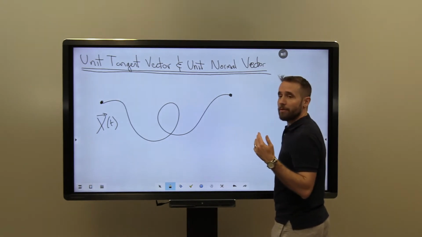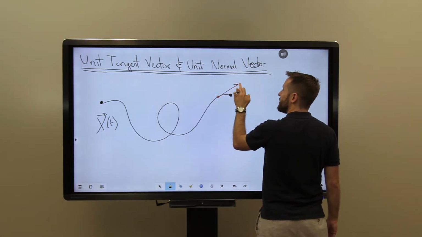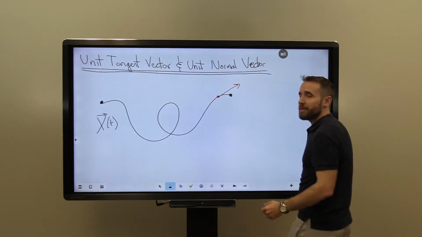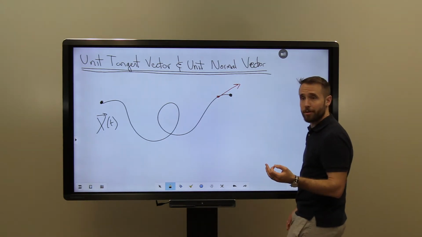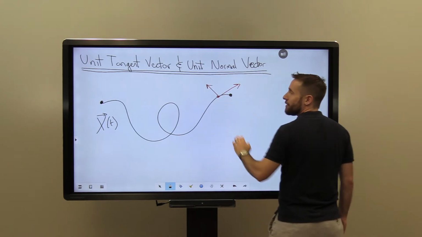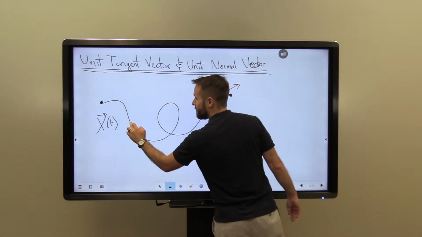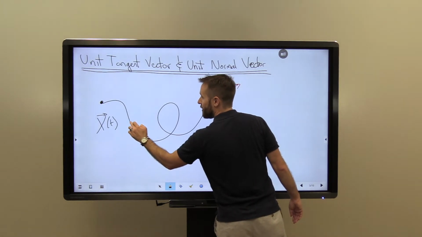And so what we'll be interested in are finding vectors that are tangent to this given curve, and vectors that are perpendicular to the given curve. And we'll be interested in making sure that we can find such vectors at any given point on the curve.